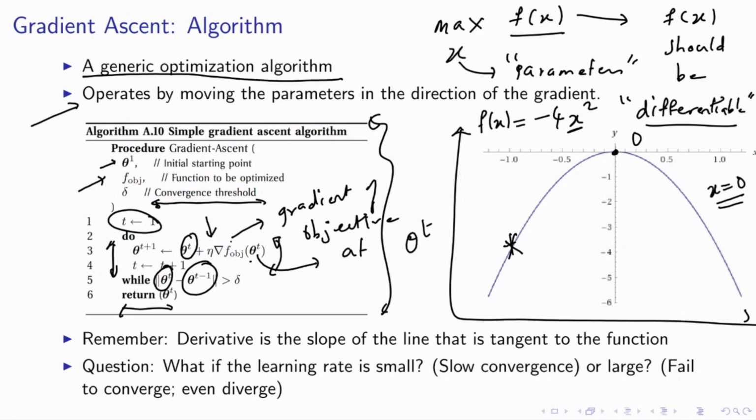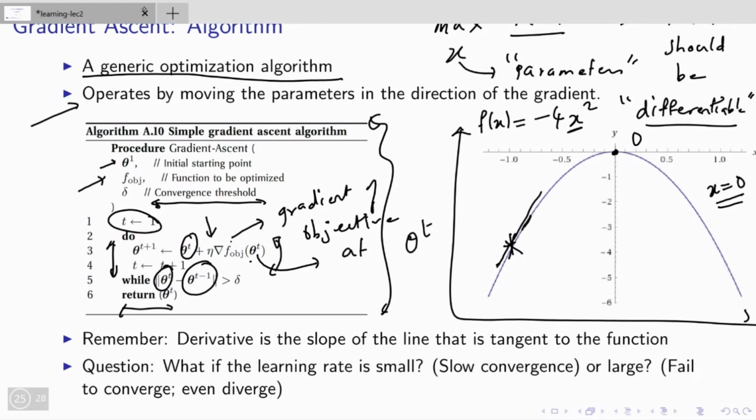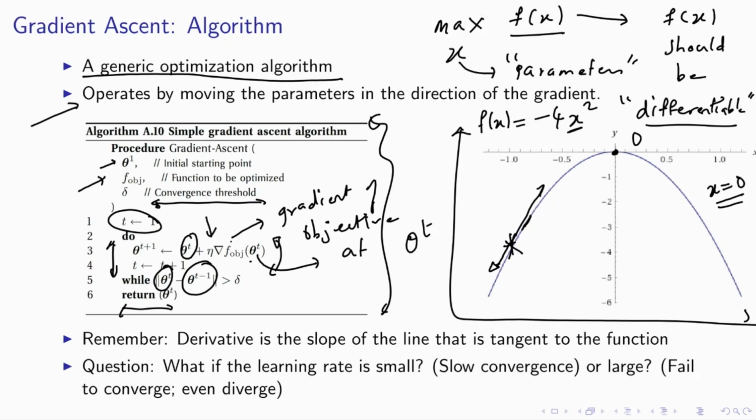We are going to take the gradient of this function at that point. The gradient is nothing but the slope of the line that is tangent to that function.